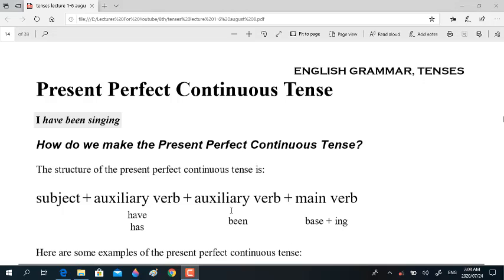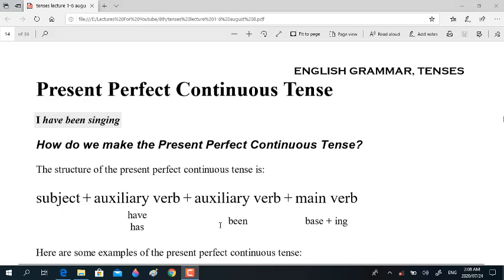Just look at the example I have been singing. Okay, look at this, its construction. How do we make the present perfect continuous tense? The structure of the present perfect continuous tense is subject, plus auxiliary verbs like have, has, and the next auxiliary been.